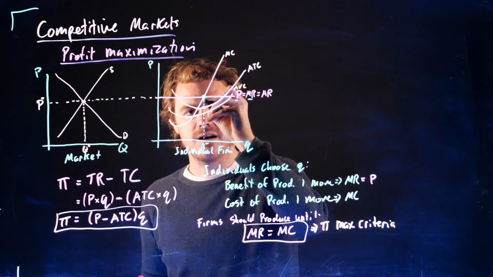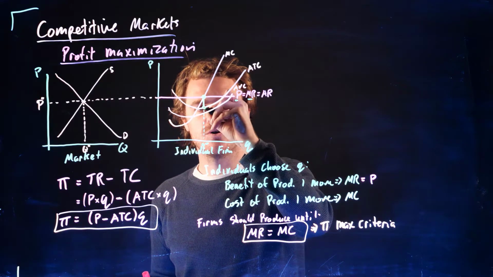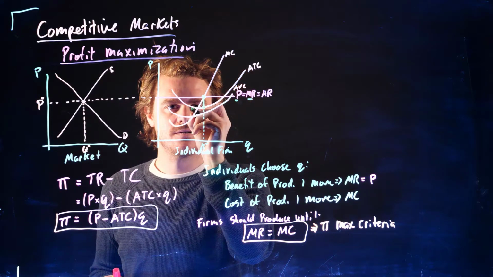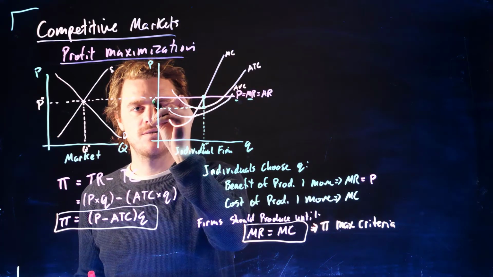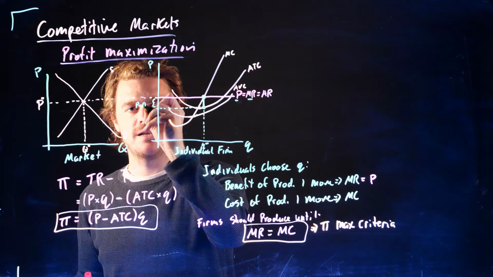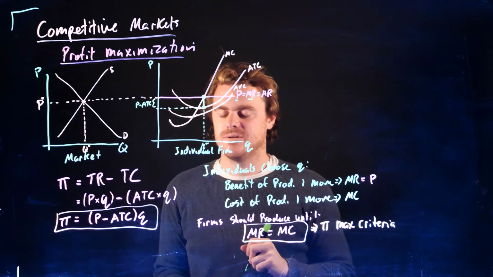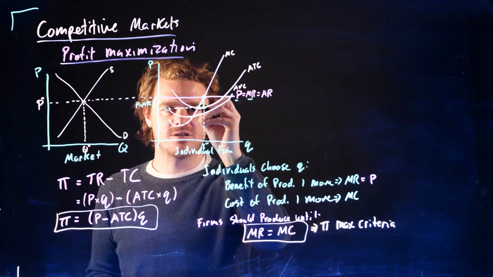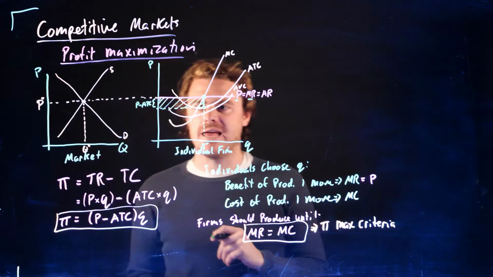This distance here is price minus average total cost. So this is P minus ATC. If we multiply it by Q, that means our profit is that rectangle there.